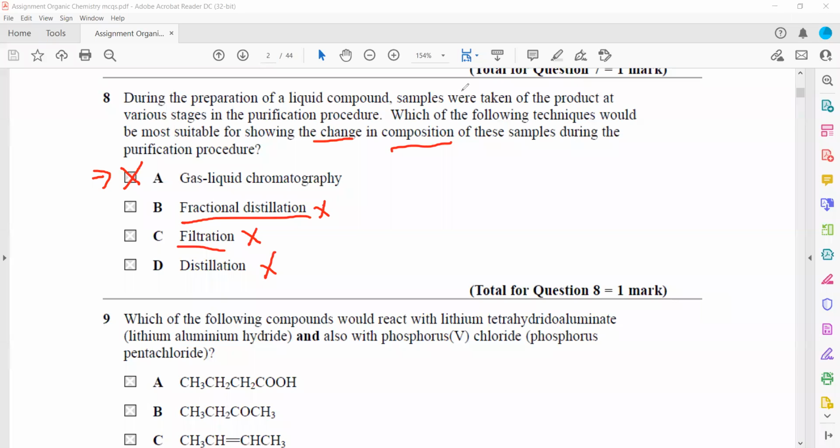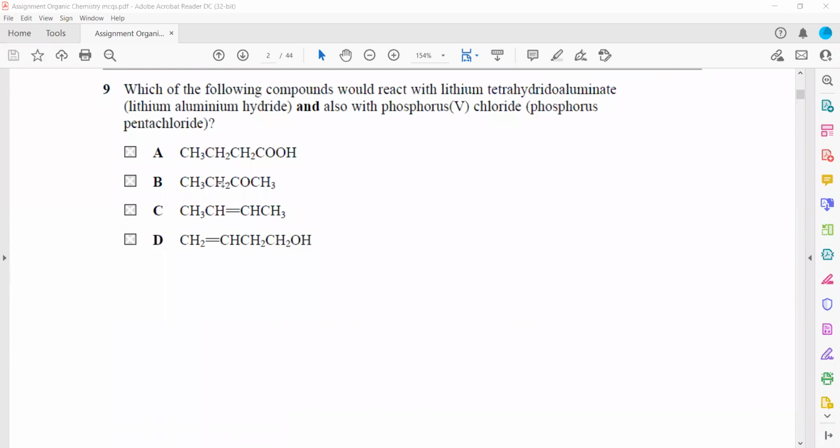Then another question: which of the following compounds would react with lithium tetrahydridoaluminate and also with phosphorus pentachloride, PCl5? Basically, lithium tetrahydridoaluminate is a reducing agent, so it can reduce the substance, and PCl5 is a test for the presence of OH.